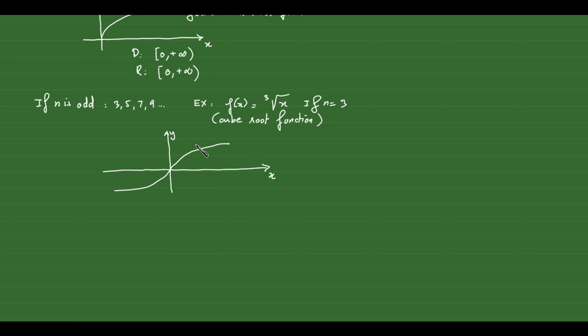The cube root function, the third root and the fifth root function will be a little bit different, but the shape, the sketch, is kind of the same. It will be something like this for any odd root function. And from this sketch, I can get the domain. The domain over here will be from negative infinity to positive infinity, and the range as well.